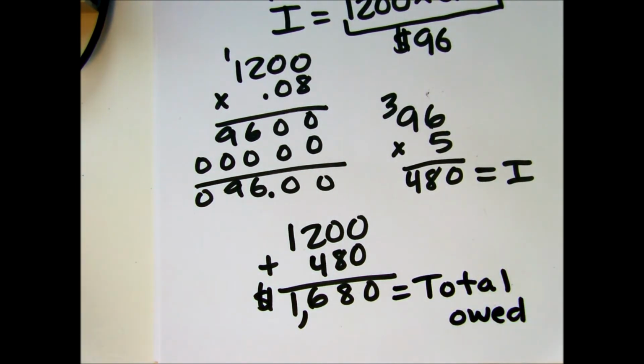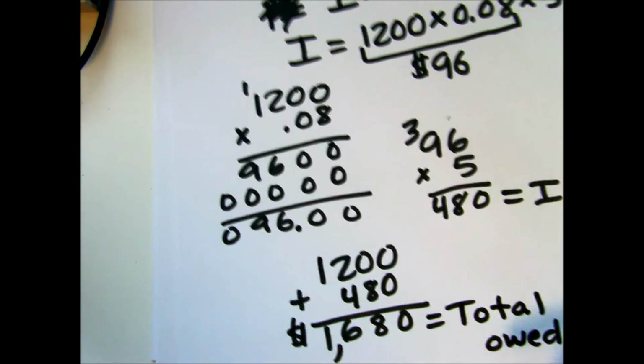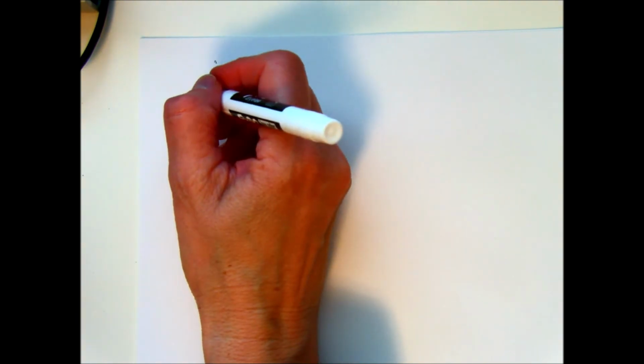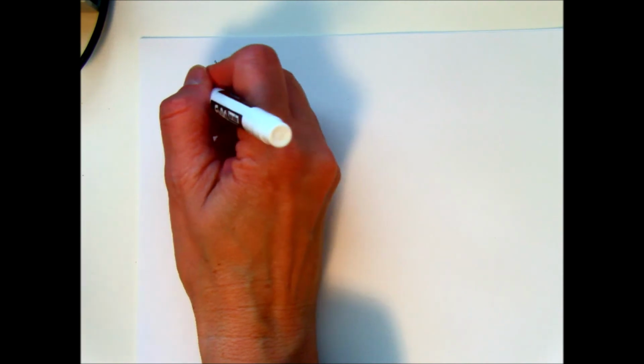Now there's one other thing I want to mention. Sometimes the time that you're taking the loan out or that you're putting in the savings account is not going to be a whole number. So for instance, say you're going to take out a loan for 6 months.